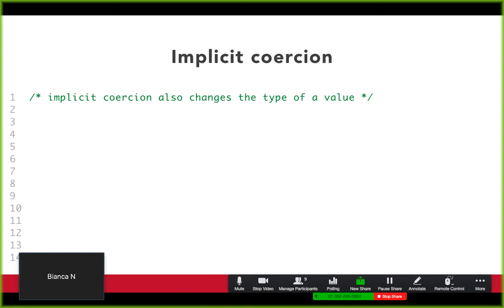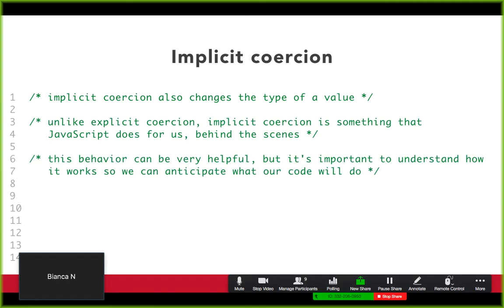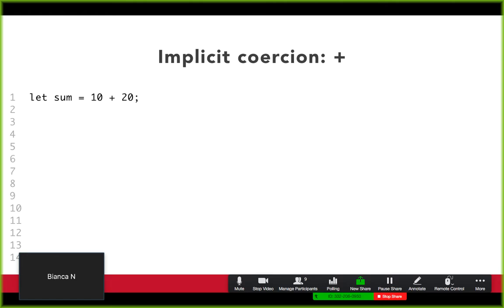There's also something called implicit coercion, which is something that we do when we change data types, but we're not as clear, we're not as explicit about what we're changing. So it behaves in exactly the same way in that we are still changing a data point from one data type to another, but there are a little bit more things happening under the hood, and so it's really important that we understand what's happening.